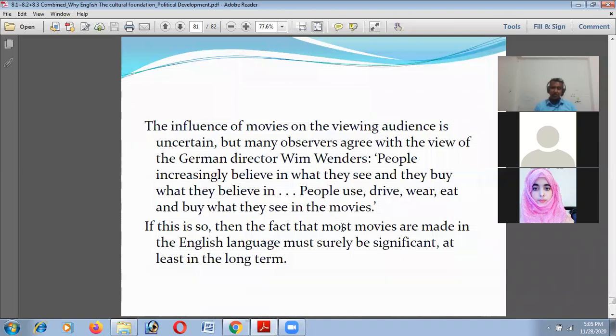When a person watches a movie, of course he or she will be motivated. In this regard, with the information that 80% of world movies are in English, the fact that most movies are made in the English language must surely be significant, at least in the long term.